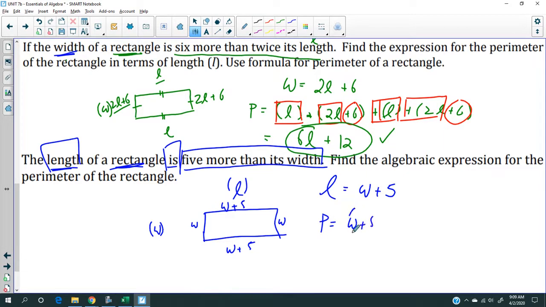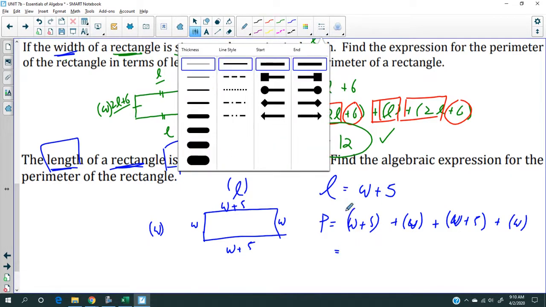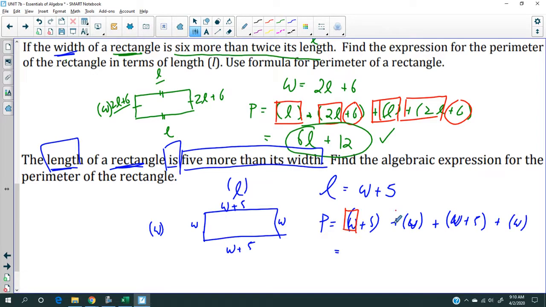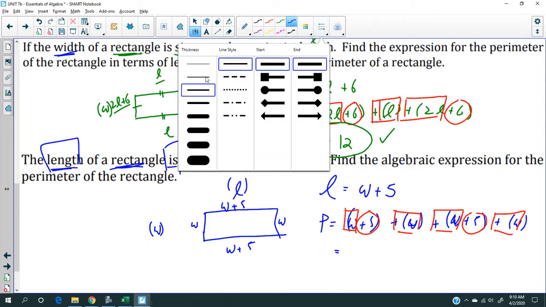All right, I'm going to start at the top side. Plus W plus 5 plus W. Okay, so let's see who's in the same family. Okay, let's see.